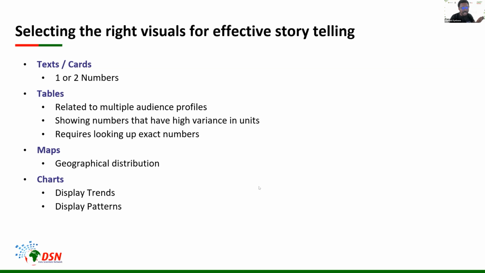Okay, so charts are used for displaying trends and also for showing patterns, and that usually forms like 80% of what we use for data visualization and data storytelling. But all the other 3 are also extremely relevant as well.